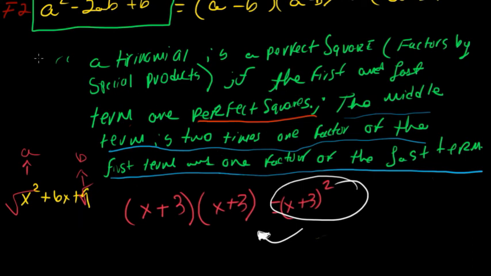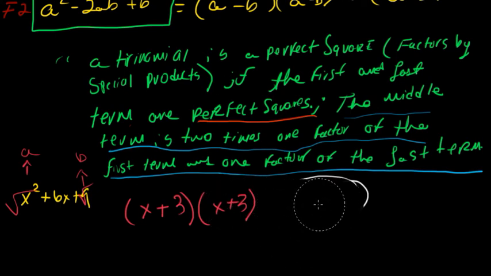Now, let's go ahead and do a little check. If x plus 3 times x plus 3 is indeed the factors of this, that means if we FOIL this, we'll get this back. We do x times x, that'll give us x squared, plus x times 3, that'll give me 3x, plus your inner terms, that'll be 3x, and then your last terms, that'll give you plus 9.